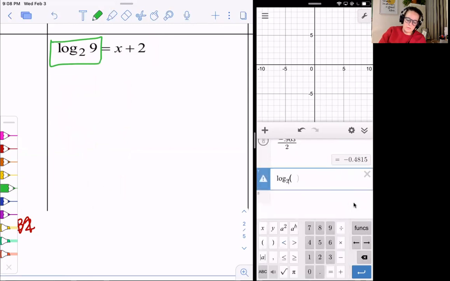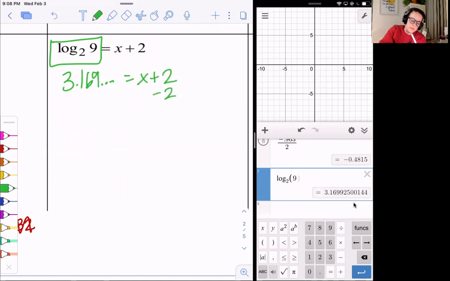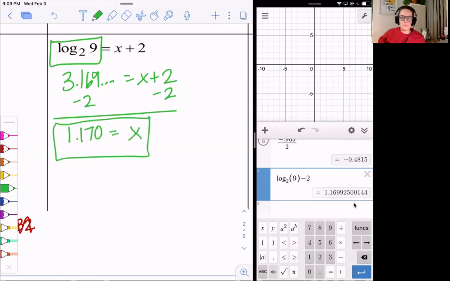Log base 2 of 9 is 3.1699999 equals x plus 2. All right, well, that's super easy. Go ahead and subtract 2 on both sides. So I'm going to subtract 2, and I get 1.1699, which would round up to 1.170, equals x, and that is my problem.